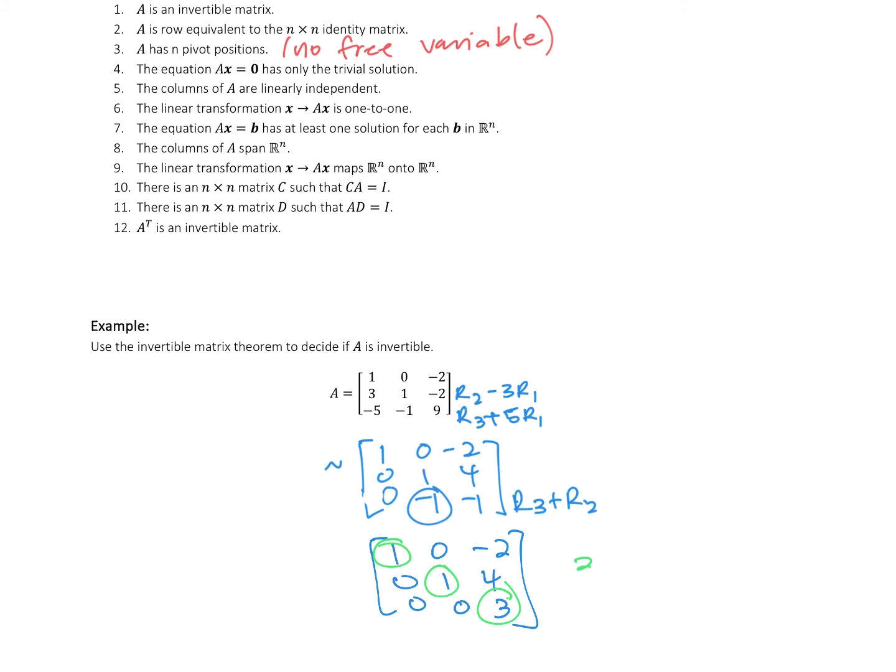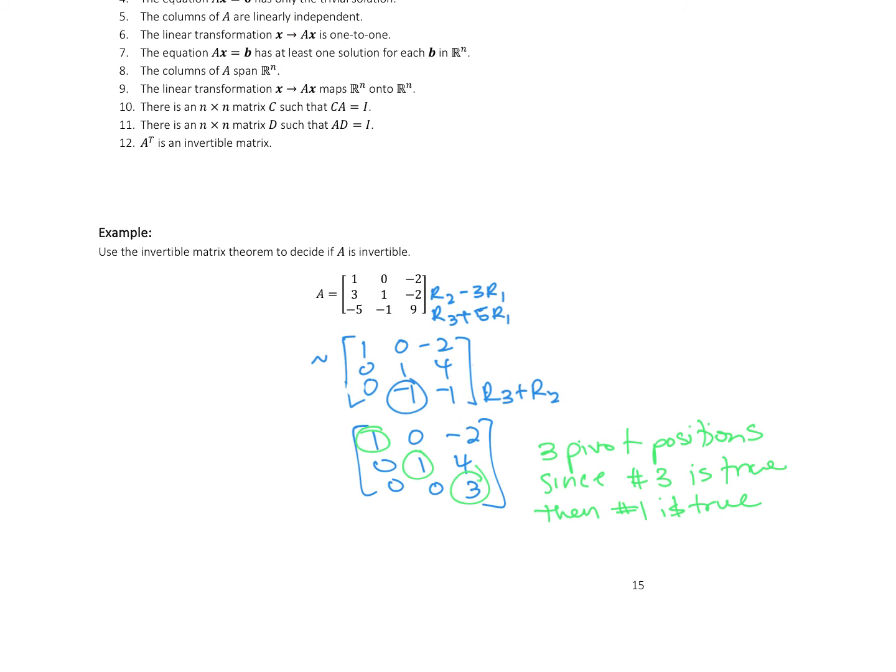So because I have 3 pivot positions and I have 3 columns, that means that I am good. Therefore, since number 3 is true from up there, then we can conclude that number 1 is true. So therefore, A is invertible.